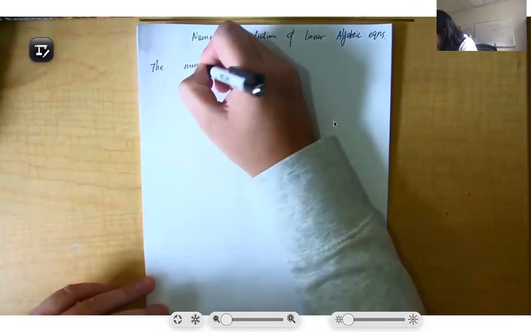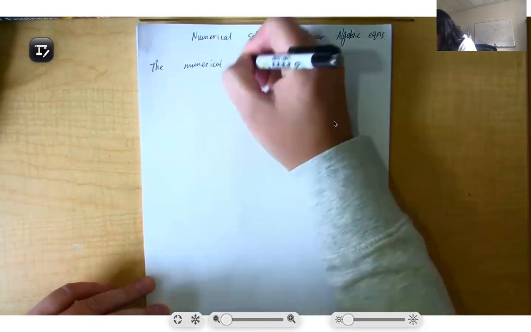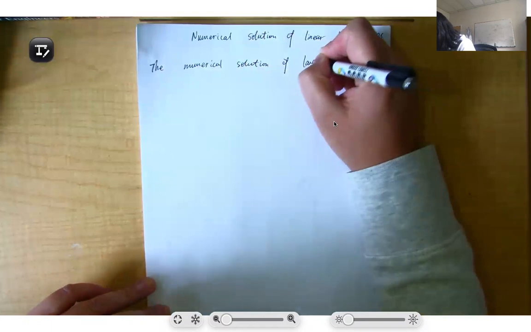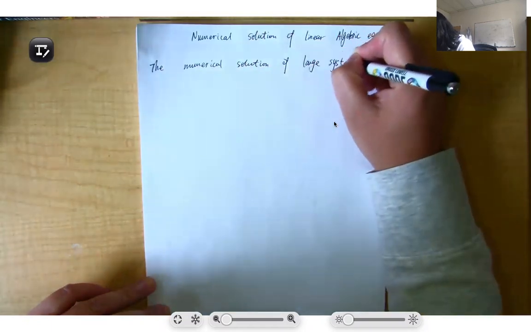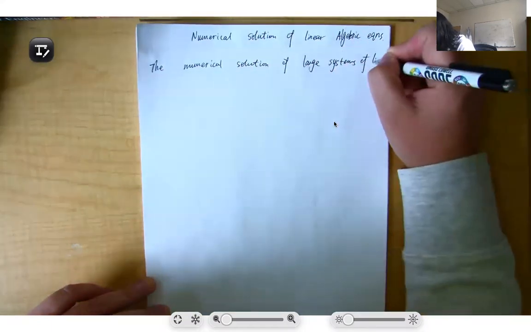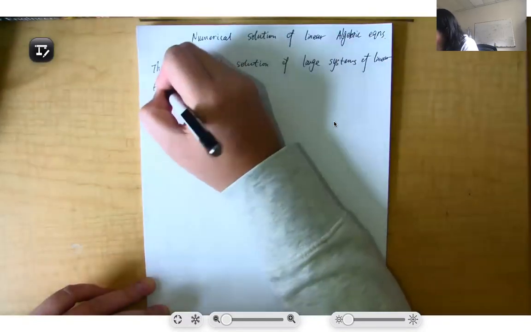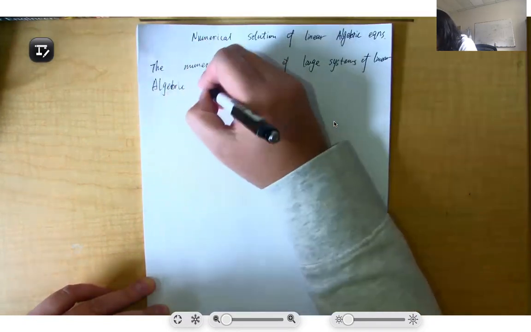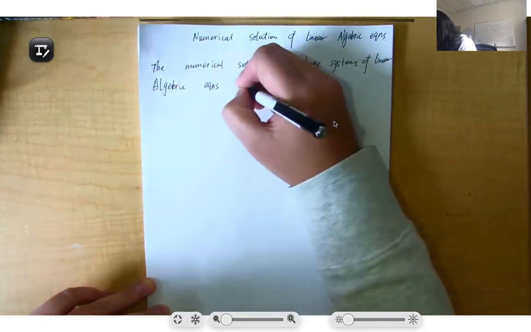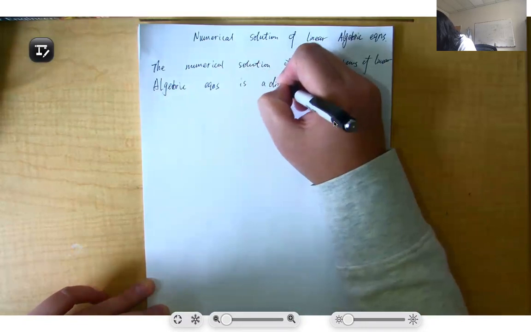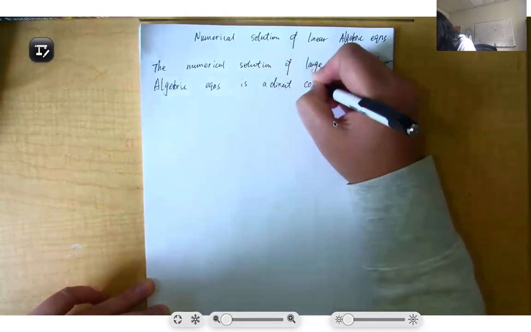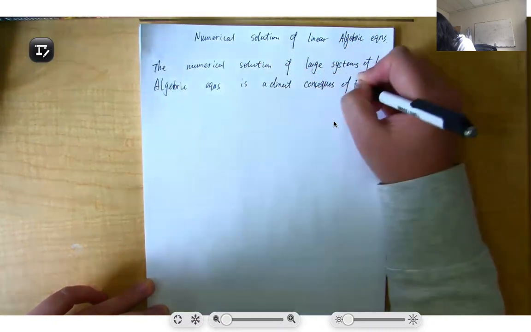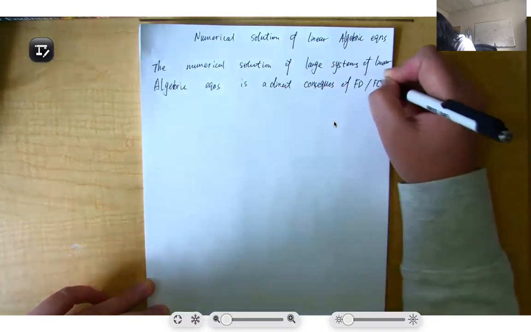The numerical solution of a large system of linear algebra equations is a direct consequence of the FD or FE method.